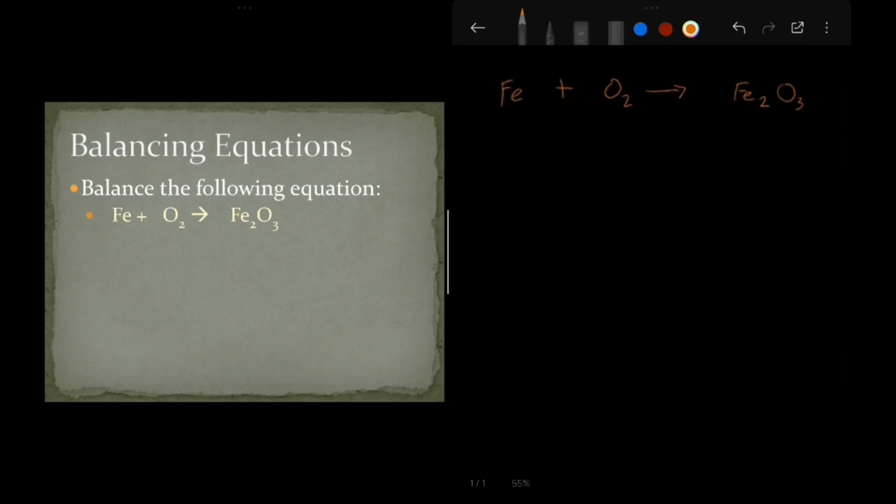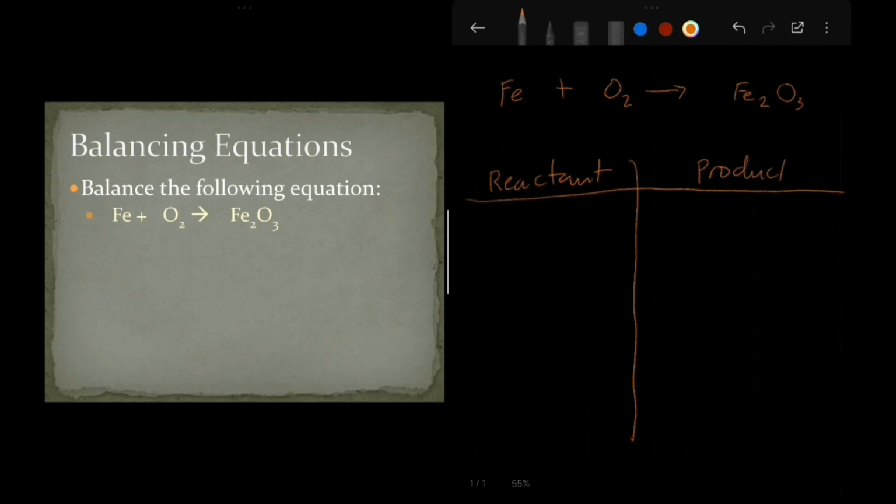So there we write again the ladder: reactant, product. Next, label the following elements. We have here the iron and we have the oxygen. On the product side, we have also iron and oxygen.